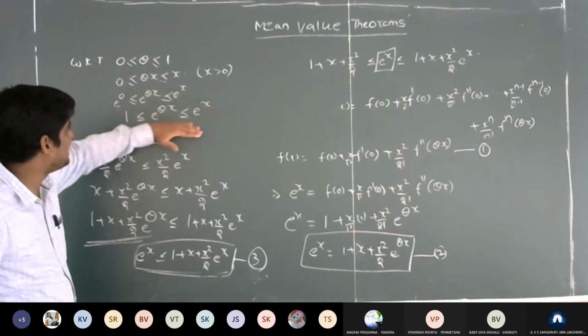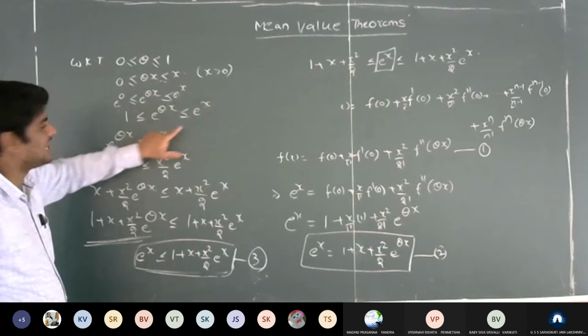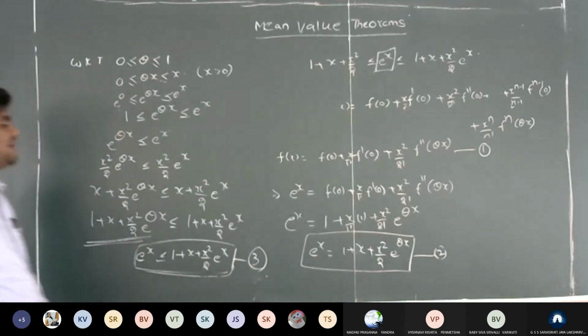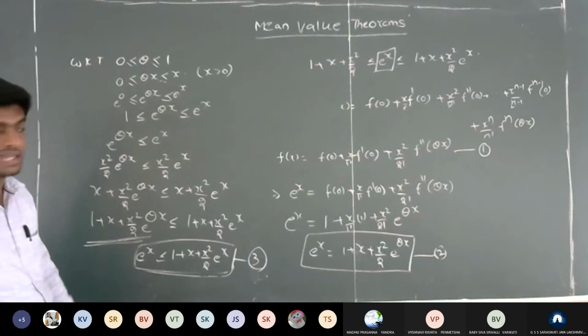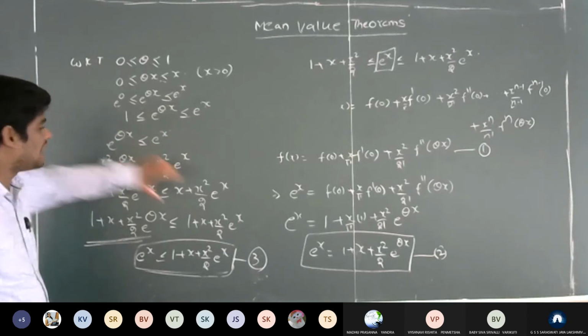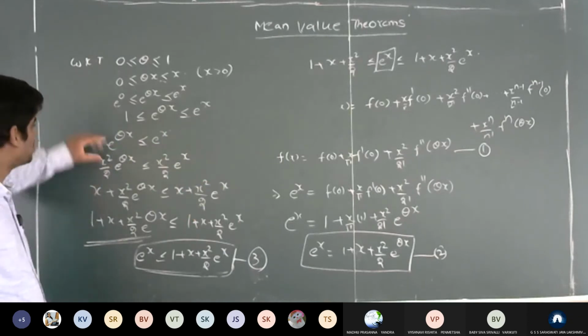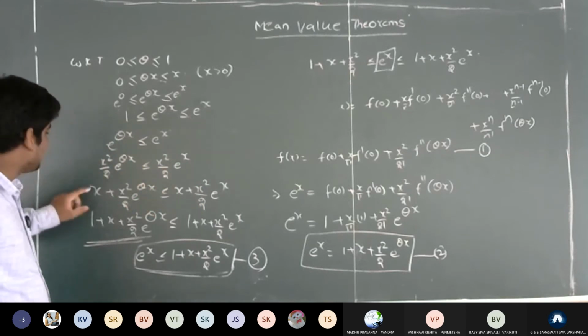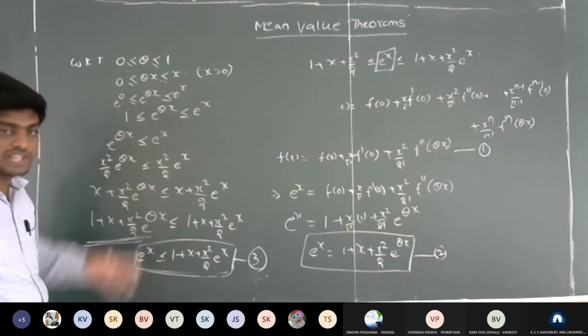I am taking from this relation e power theta x is less than or equal to e power x. But in equation number 2, we have the term 1 plus x square by 2 e power theta x. So our aim is to form the term in equation number 2. So I am multiplying both sides with x square by 2 and adding 1 on both sides. There is no change. Why?